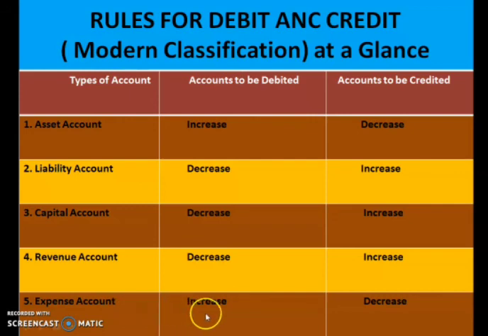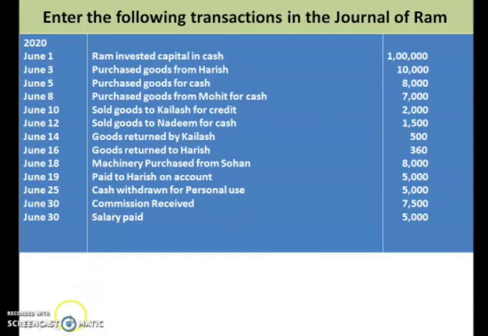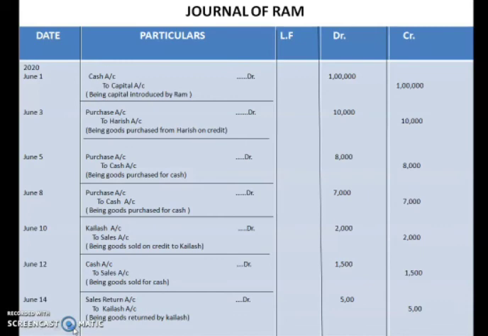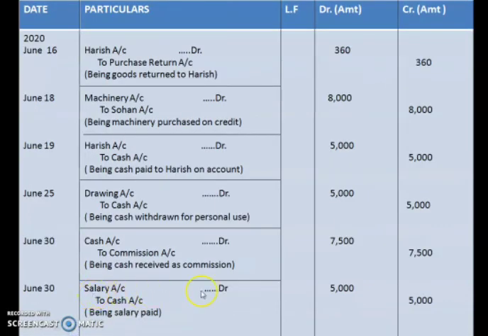So if expenses are increasing, what are you supposed to do to salary? It should be debited. Okay. So salary is increasing, that means expenses are increasing, so you have to debit it. By way of salary you are paying cash, so cash is decreasing, so you have to credit it. Being salary paid, 5,000.